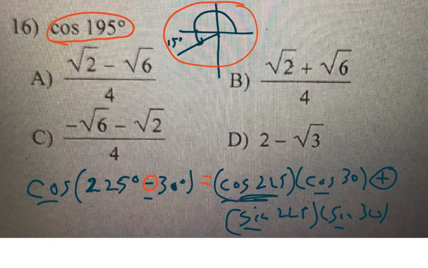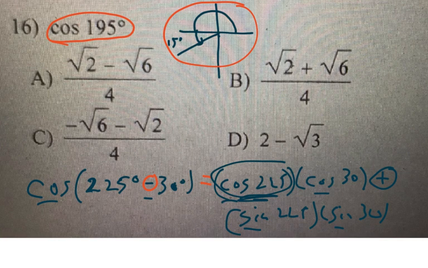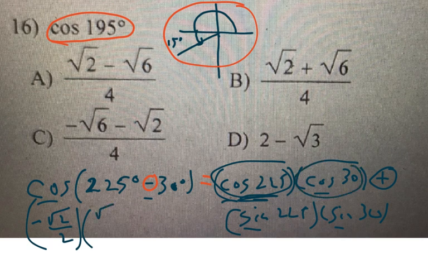Now we can look these values up on the unit circle. So what's the cosine of 225? Now remember, cosine is x. So here's 225. The x is negative square root 2 over 2. So we have negative square root 2 over 2 times the cosine of 30, which is square root 3 over 2, right?